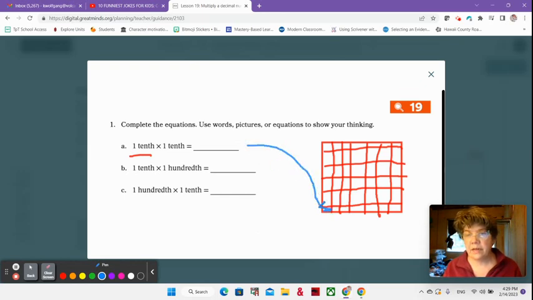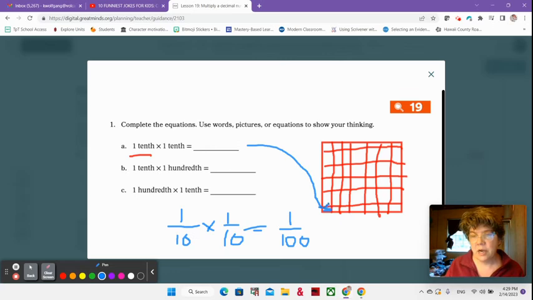We could also think about fractions. 1/10 times 1/10. So 1 times 1 is 1, and 10 times 10 is 100. So 1/100th. Out of the 100 squares here, one of them is 100th.